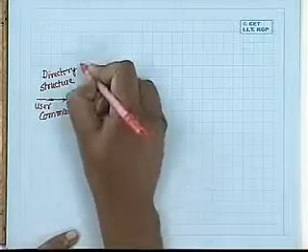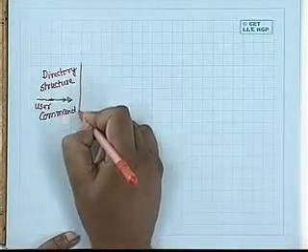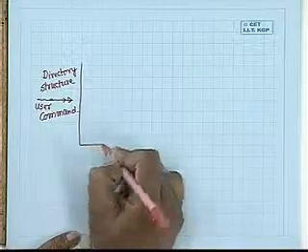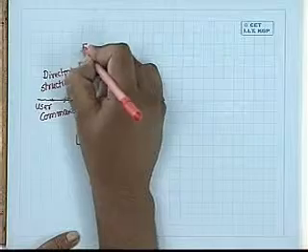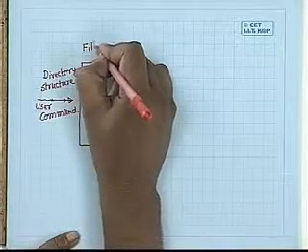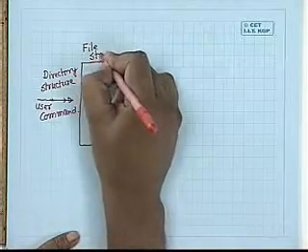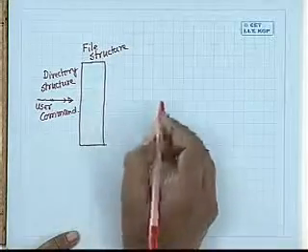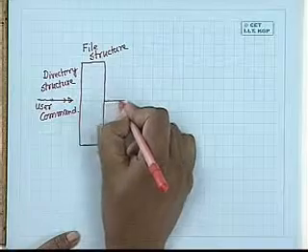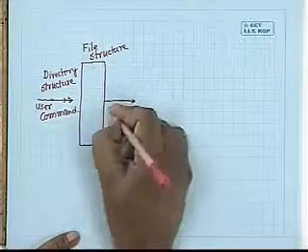Okay. So from this, and depending upon the file structure, here I can put a block called file structure. Okay. So it will generate different file manipulation functions.